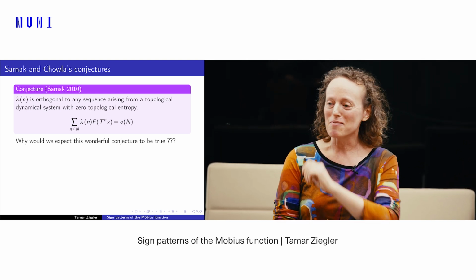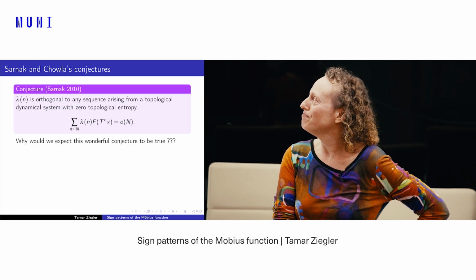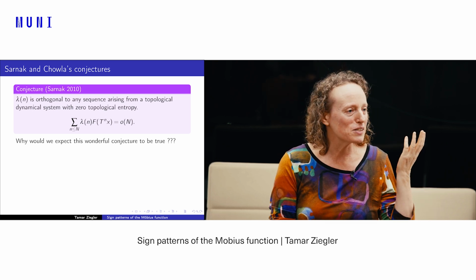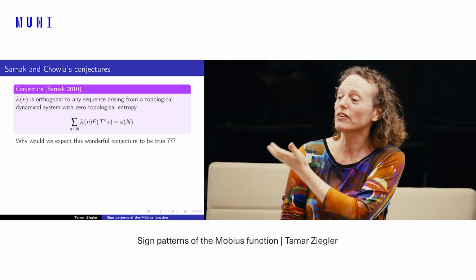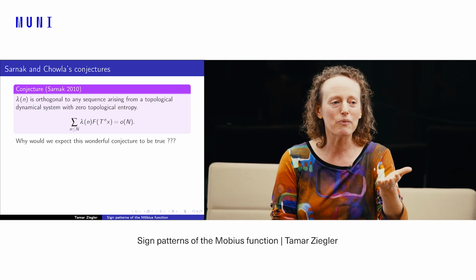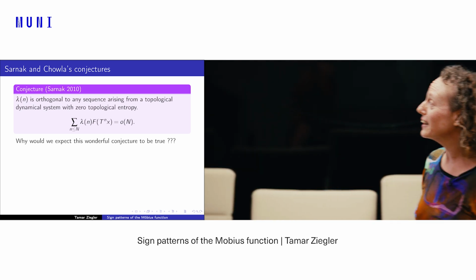So I was already a mathematician then. And I remember thinking, why should this be true? This seems like a wonderful conjecture, but at first glance you can't really understand why something like this should be true.